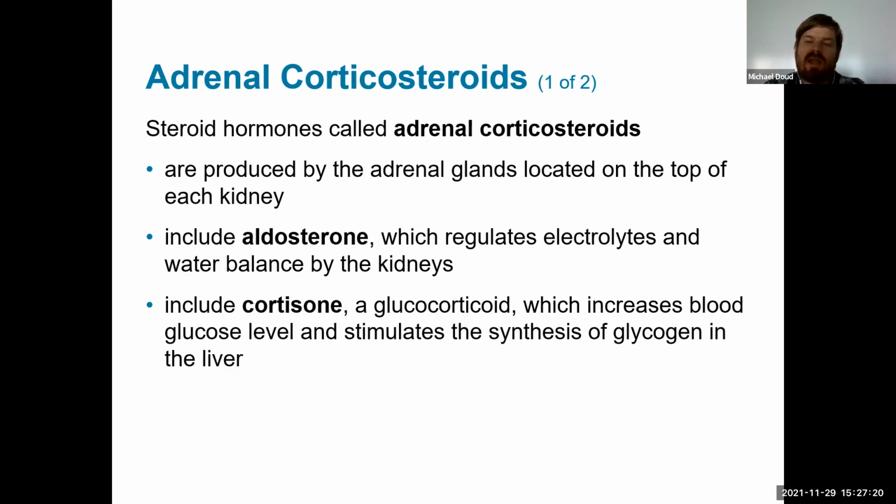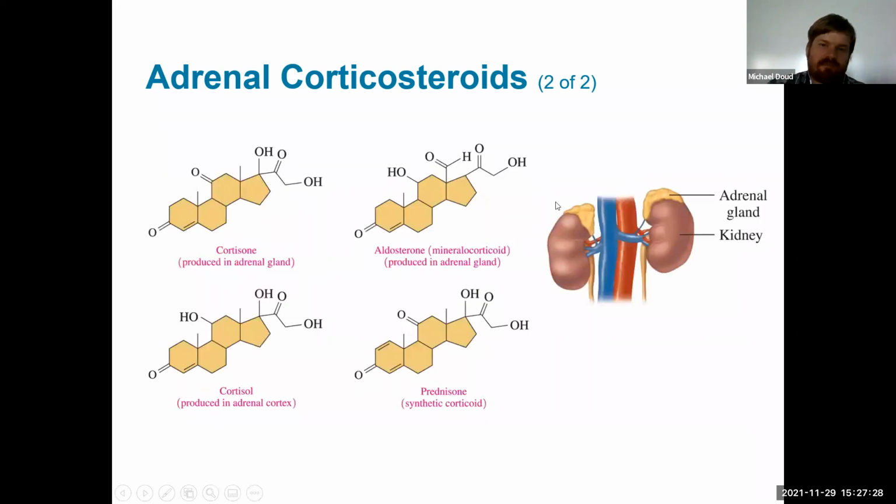glucocorticoid, and that increases your blood glucose level. It also stimulates glycogen synthesis by the liver. So basically it's involved in your cellular processes and your energy usage and storage. And here again, we see the structures. Again, I'm not asking you to memorize these structures.